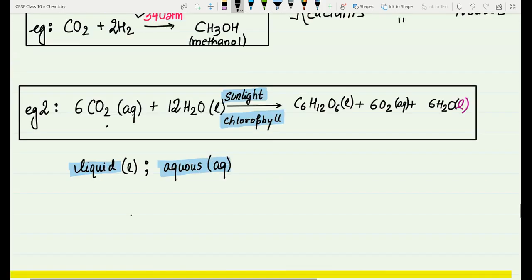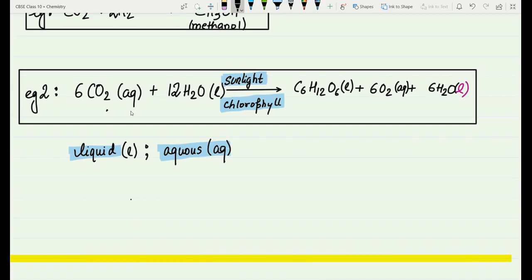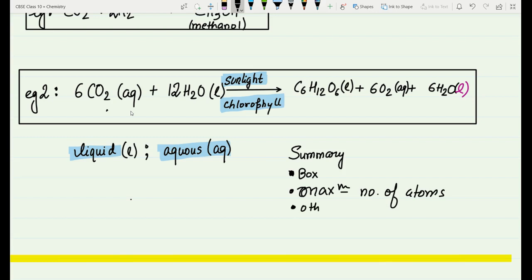Let's give a quick summary of what we have done today. First, अगर chemical reaction लिखना है, first we have to write the reaction. After writing the reaction, we have to box it. Second, after boxing, we have to have the one which has the maximum number of atoms, and then we will balance others. उसके साथ हम लोग रिएक्शन में और क्या लिख सकते हैं.